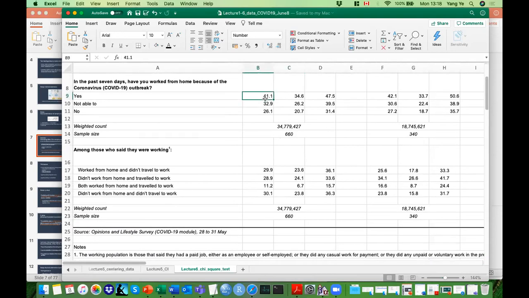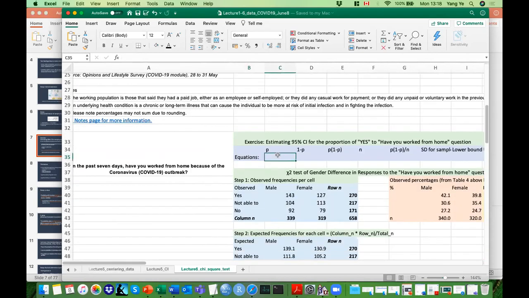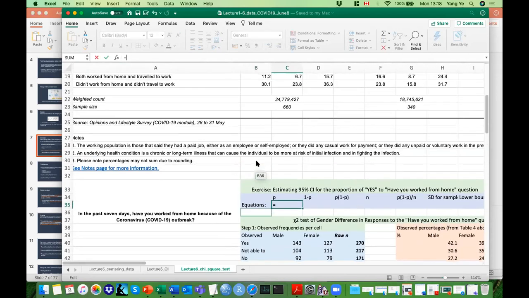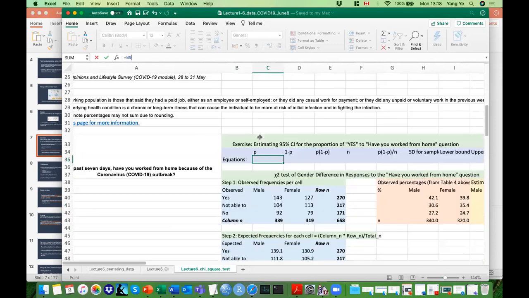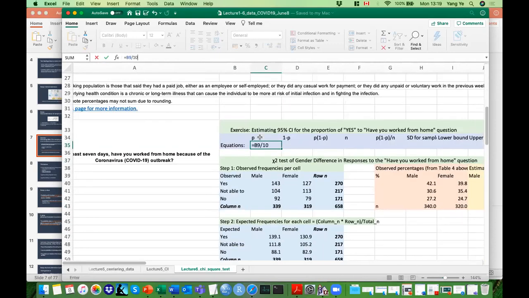So that is 41.1%, right? We have to convert that into a percentage. So we just use equals, let's use the data from here, B9 divided by 100, and we have 0.411.